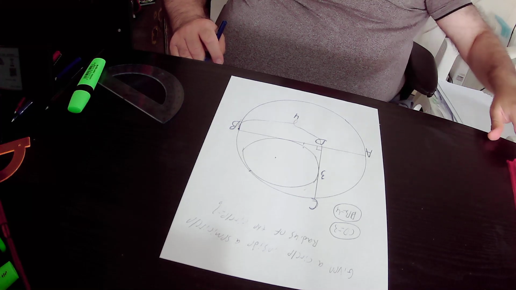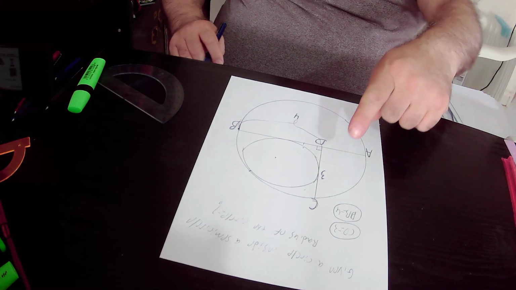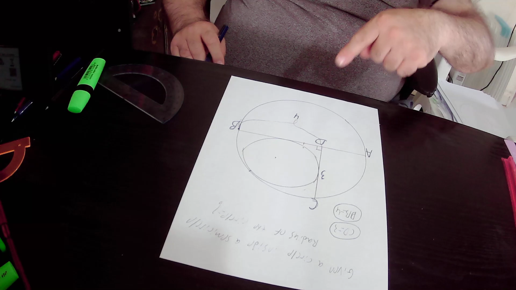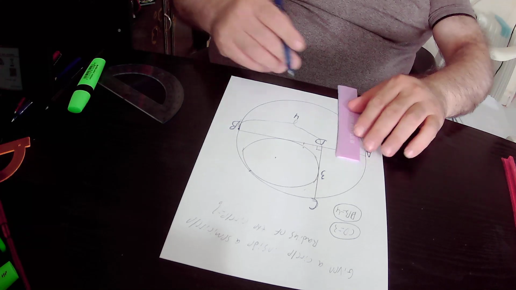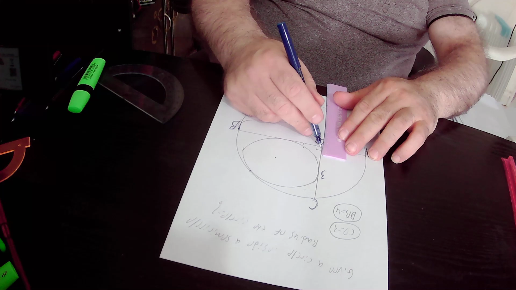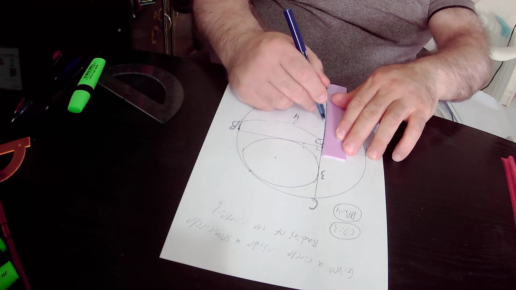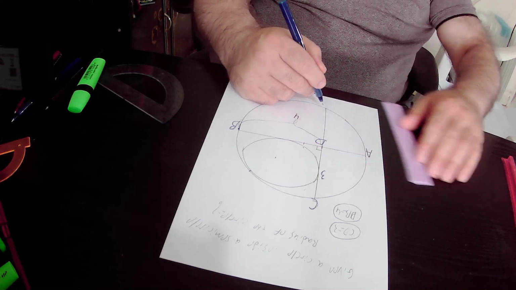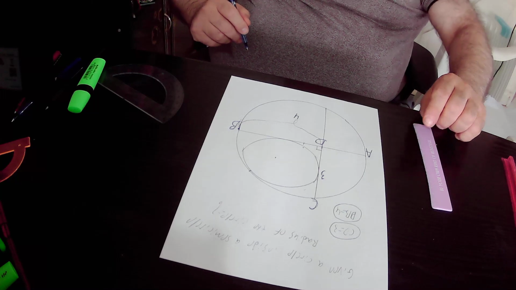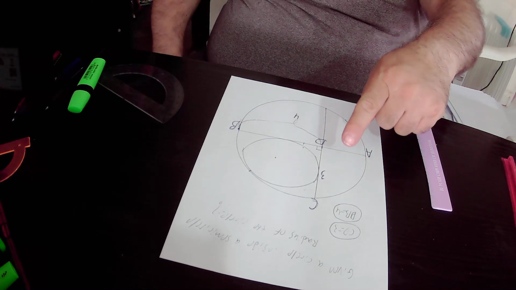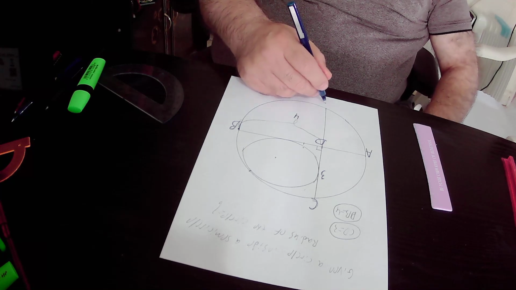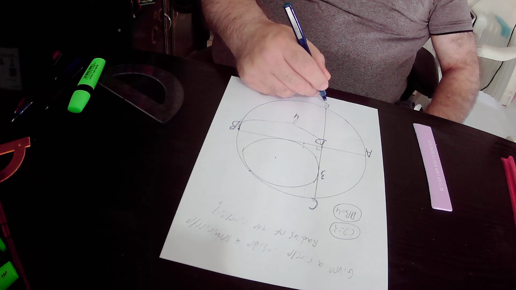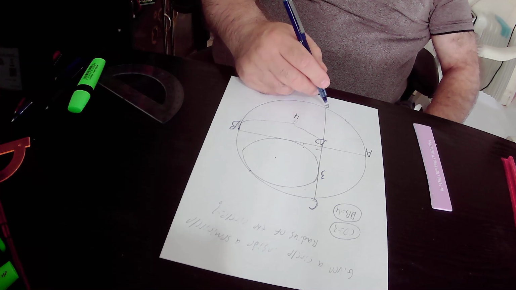The next step, we will extend line segment CD by a straight line until it touches the circle. And we will define the touching point of the extended line segment CD in the circle as point E. Point E is the touching point of the extended line segment CD and this circle.